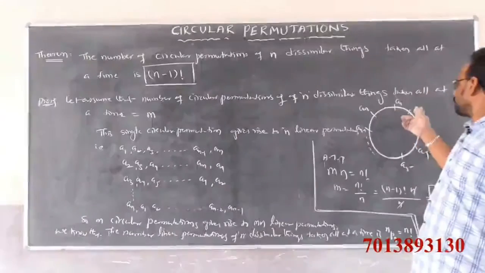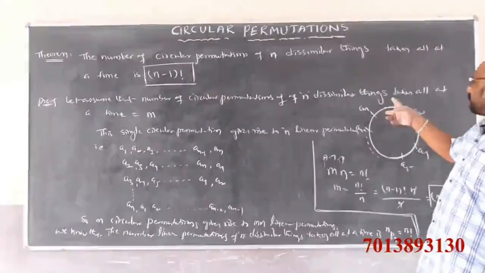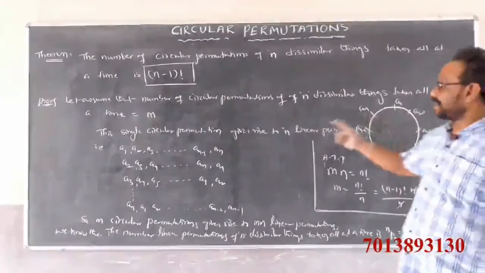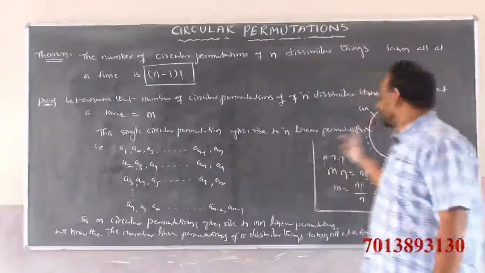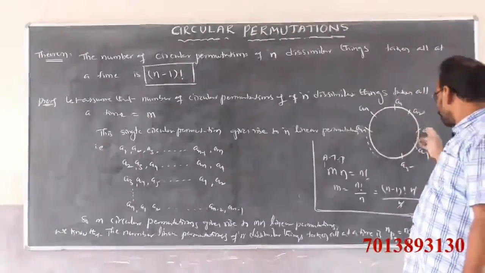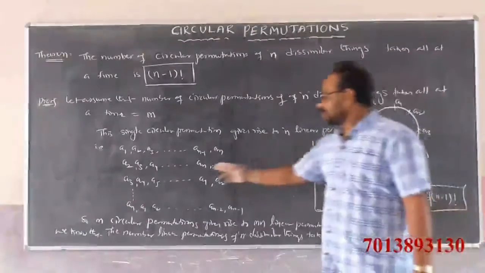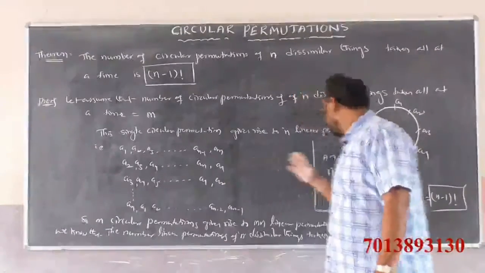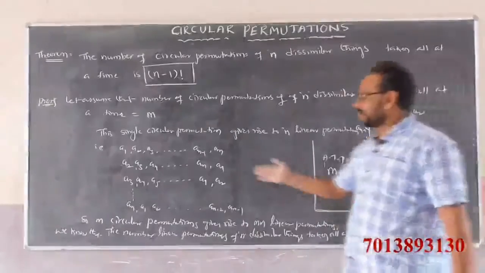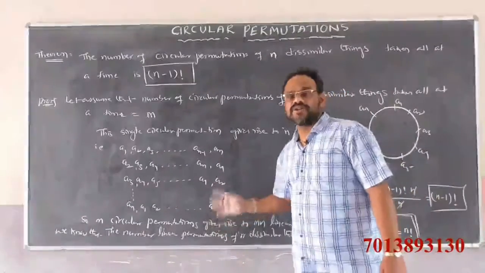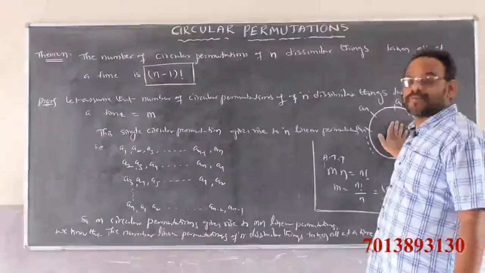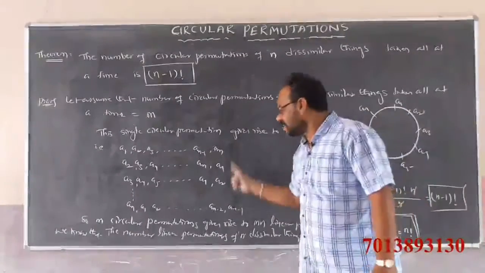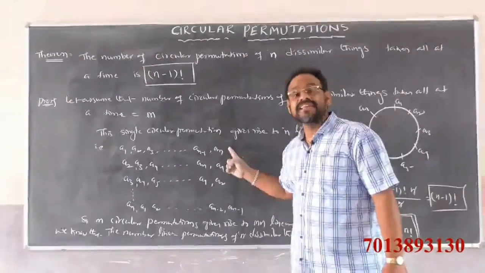If you disconnect the circle here, we get A1, A2, A3 and so on up to An, one linear permutation. If you disconnect the circle here, we get A2, A3, A4 and so on up to An and A1, the second linear permutation. If you disconnect the circle at the next point, we get the next one. So a single circular permutation gives rise to n linear permutations.